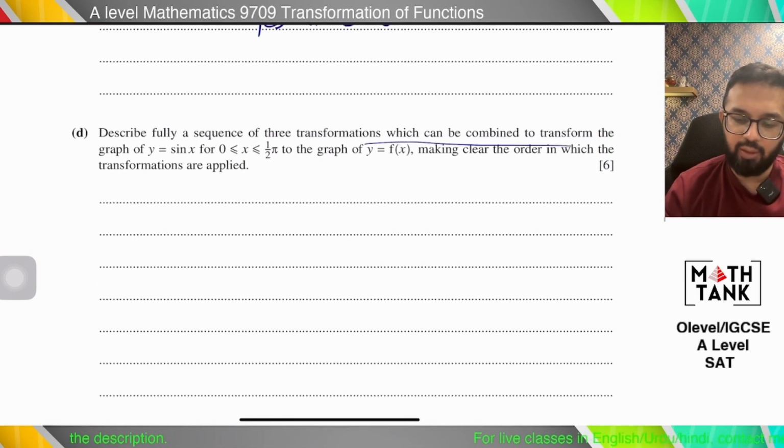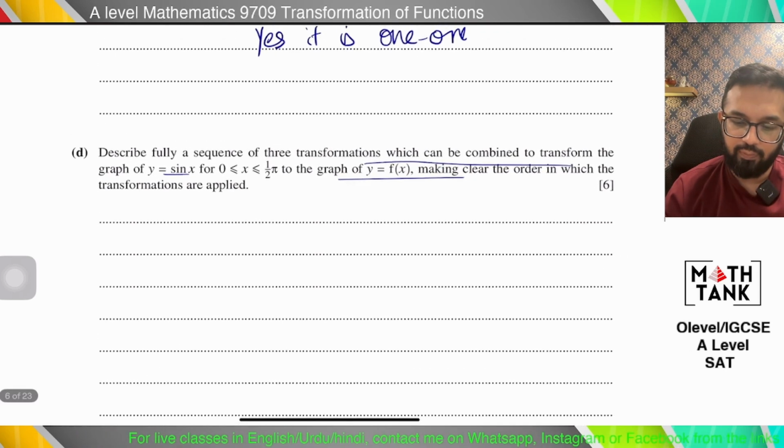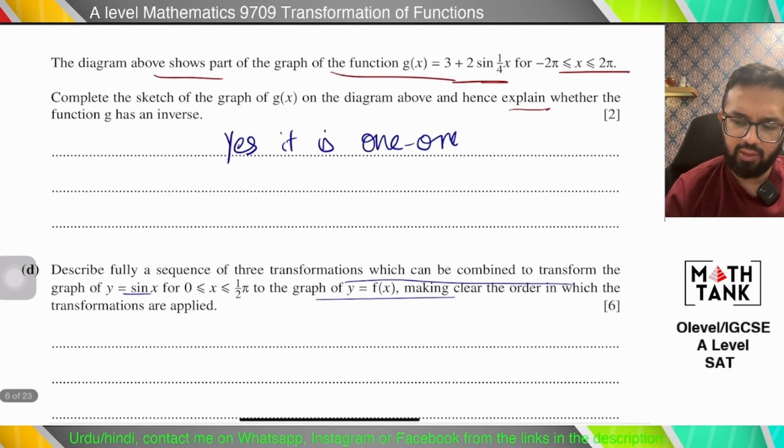Describe fully the transformations which can be combined to transform y equals sine x to the graph of y equals f of x, making clear the order in which the transformations are applied. 3 transformations. So I can clearly see 3 transformations.